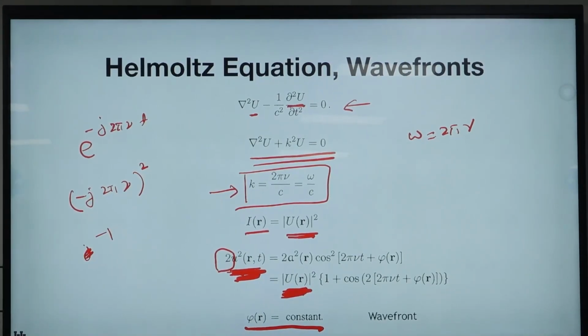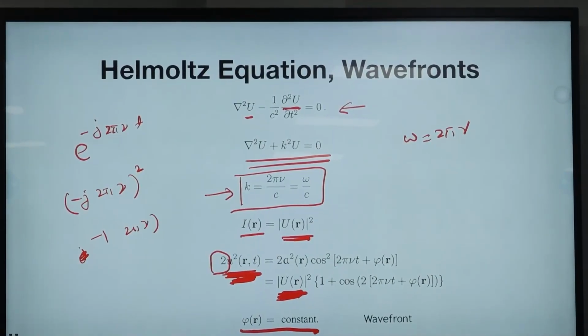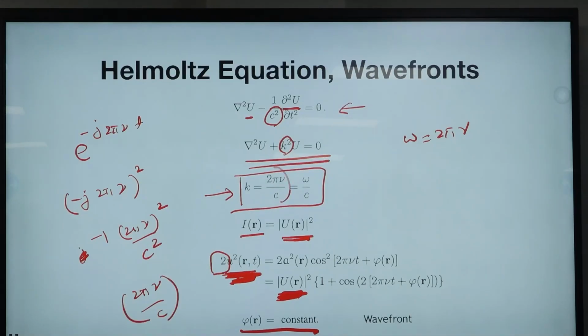So minus (2 pi nu) squared, and there is a c over here, so divided by c squared. So 2 pi nu by c, that we call k. Basically, that's how you get this omega by c, or 2 pi nu divided by c.